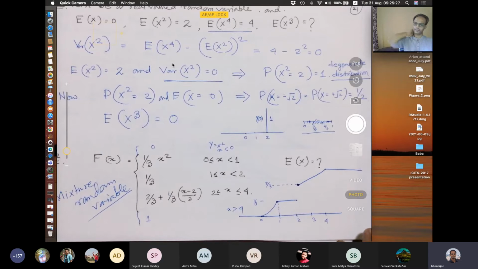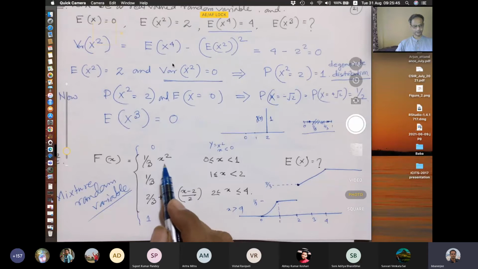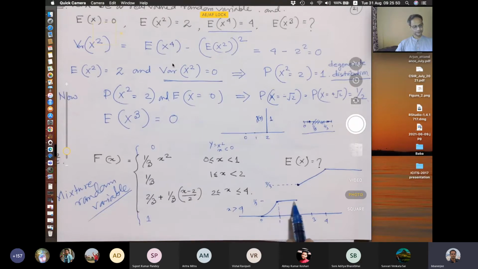Okay, now you can do whatever you want to do. For this part, what will be the PDF? 2x by 3; you have to differentiate this, so 2/3 x. For this part, what will be the PDF? 0.